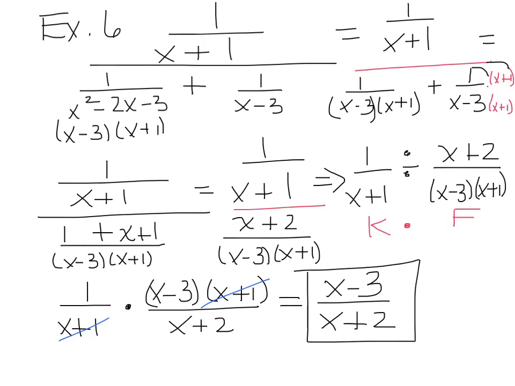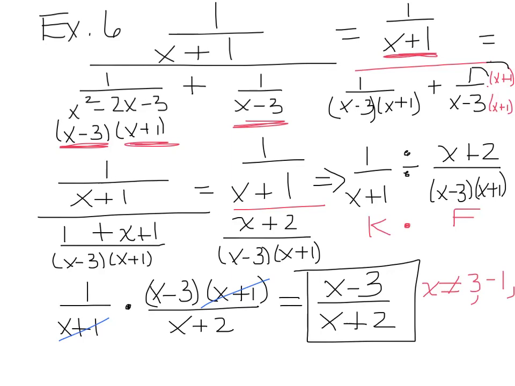Now, I didn't do the exclusions on the last example, but I'll go ahead and do them here. Anywhere you have a term in the denominator, you have to exclude those numbers that will make it 0. So x cannot equal, I'm going to start from the top, 3, negative 1. So I'm using this one, I got that covered.